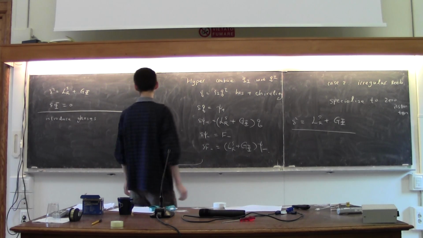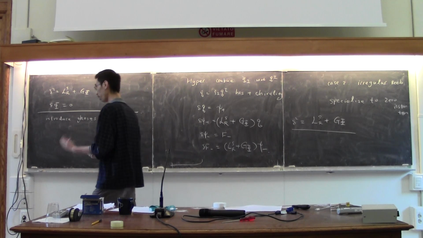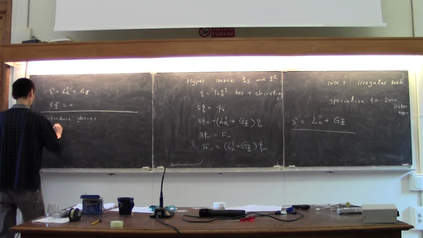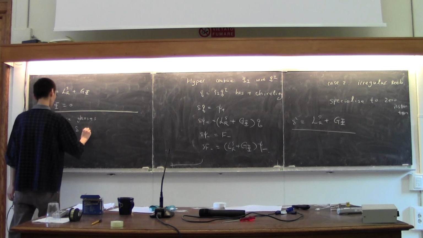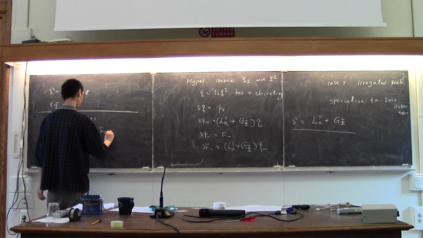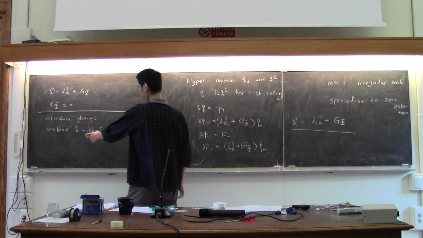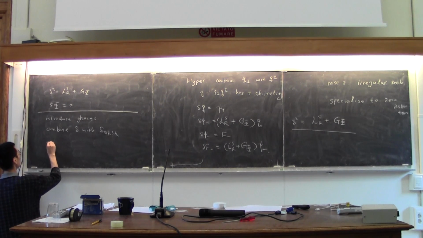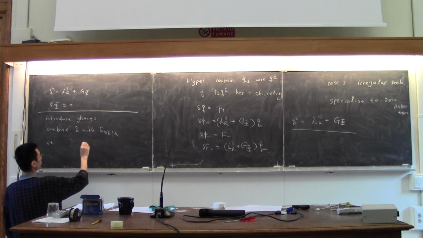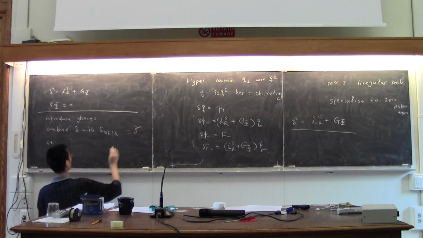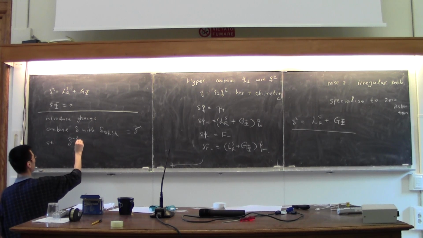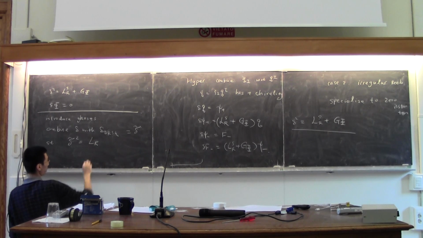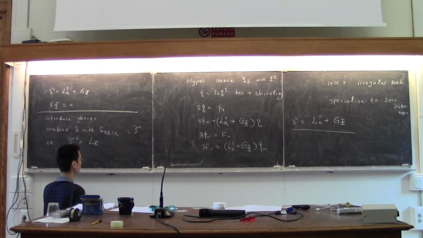So the ghost sector will come with its own BRST differential, the usual BRST differential which squares to 0. And what you're going to do is combine the differential we already have with the BRST differential, let me call it the new combined differential delta twiddle, such that delta twiddle squared is equal to L with or without S, depending on if you're working with a vector multiplet or hypermultiplet.